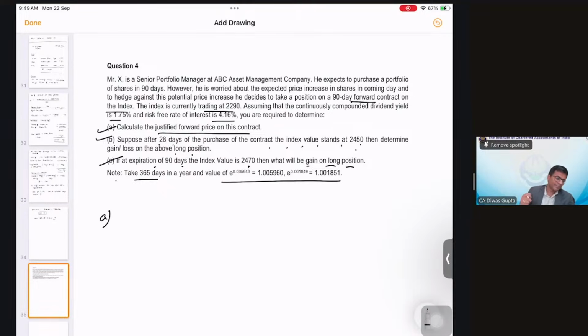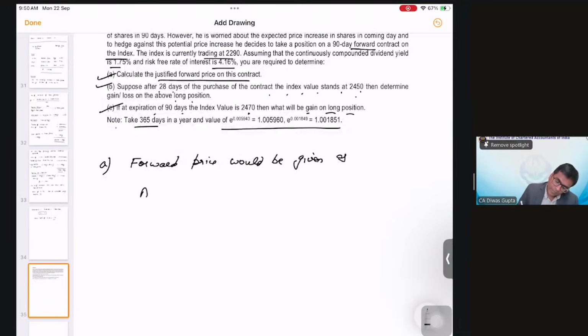So the A part. Now come on students, which formula should I use? This is a continuous compounded dividend and this is a continuous compounding for rate of interest as well. So the forward price would be given as A is equal to P e raised to the power (R minus Y) into T, right?